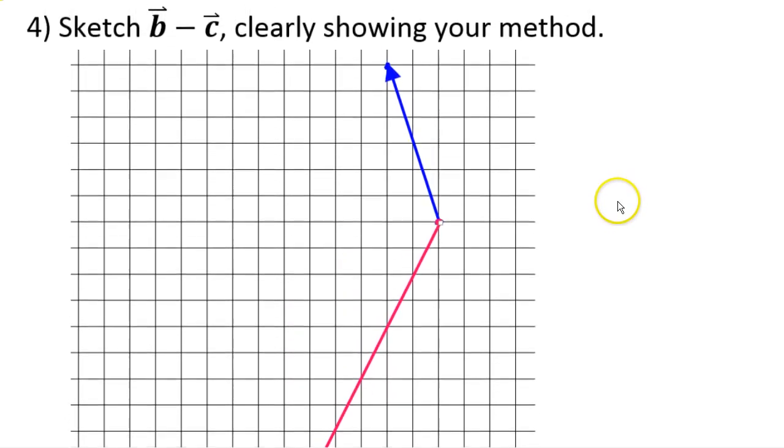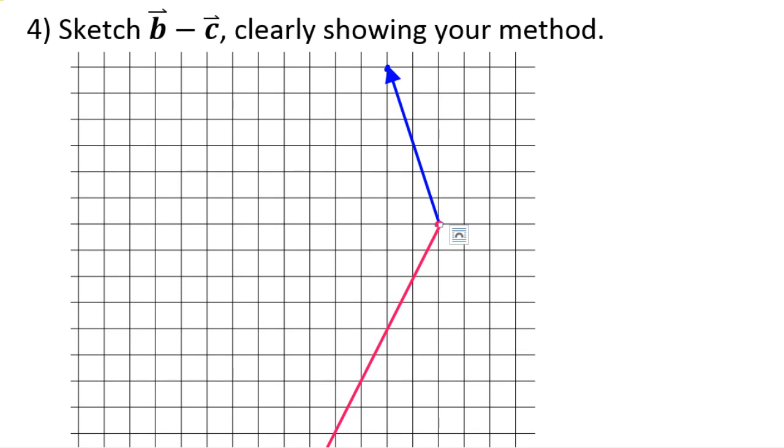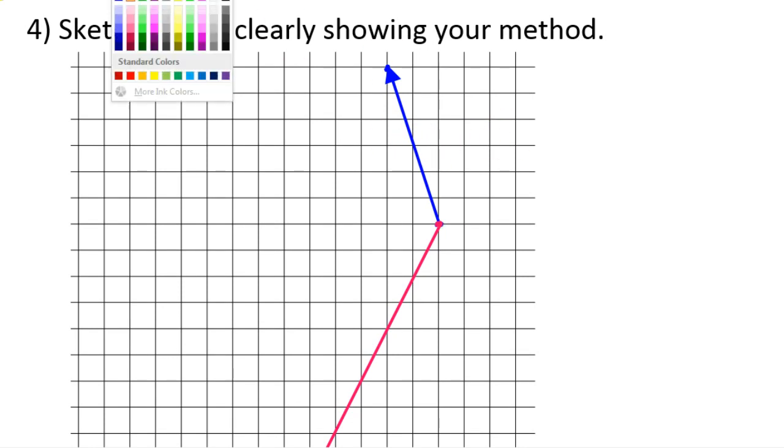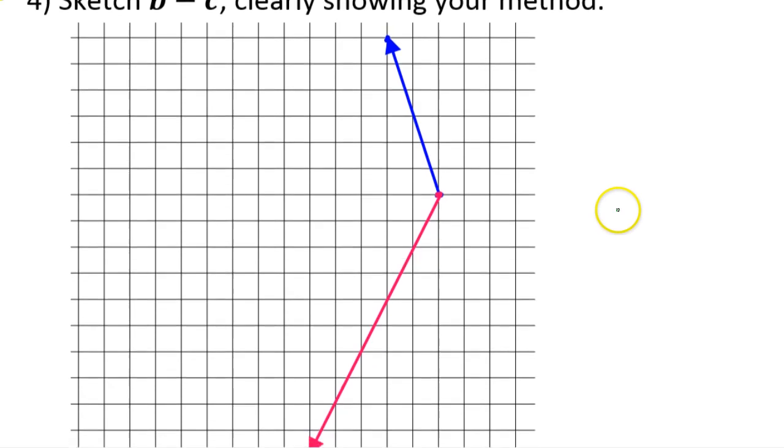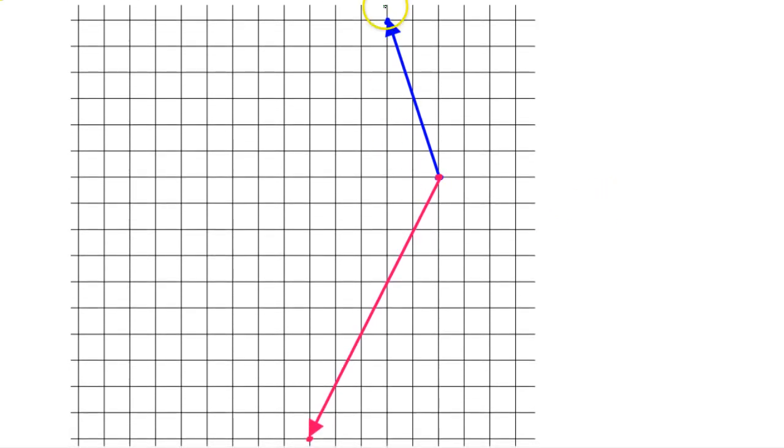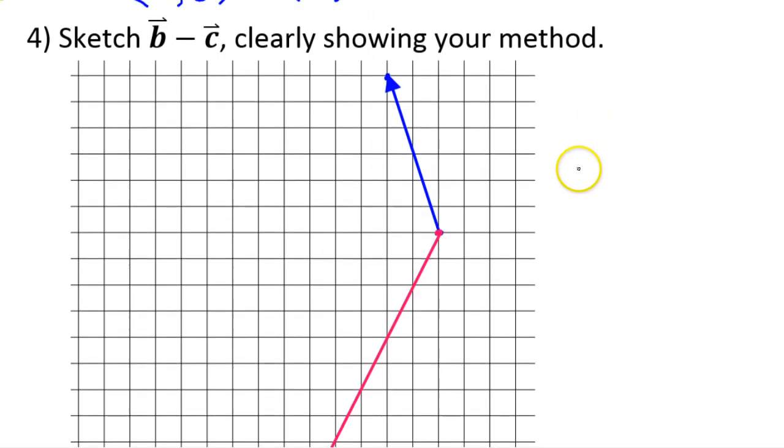Now, when you are subtracting, you have to be very careful. The way that you draw the resultant vector is from terminal point to terminal point, across like this. But the order is really, really important. If you want to subtract vector B minus vector C, you must actually draw from vector C to vector B. So the order is reversed.